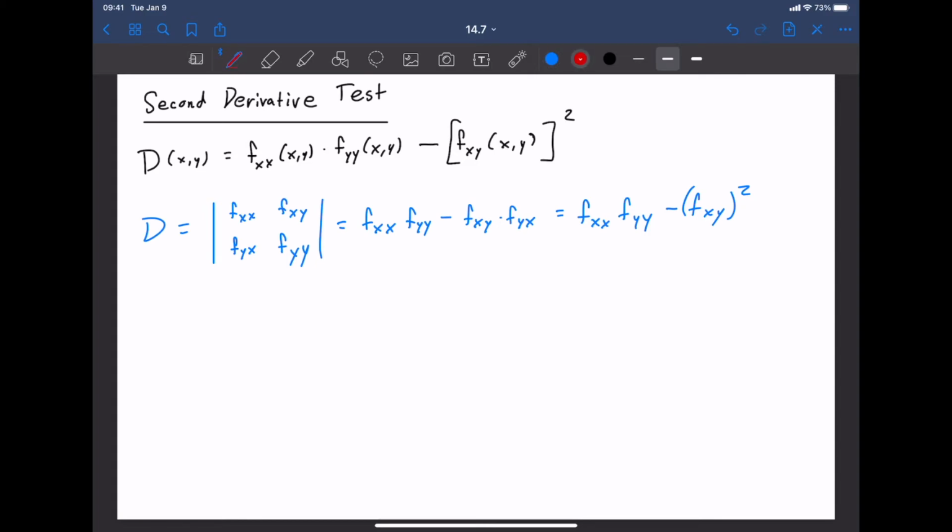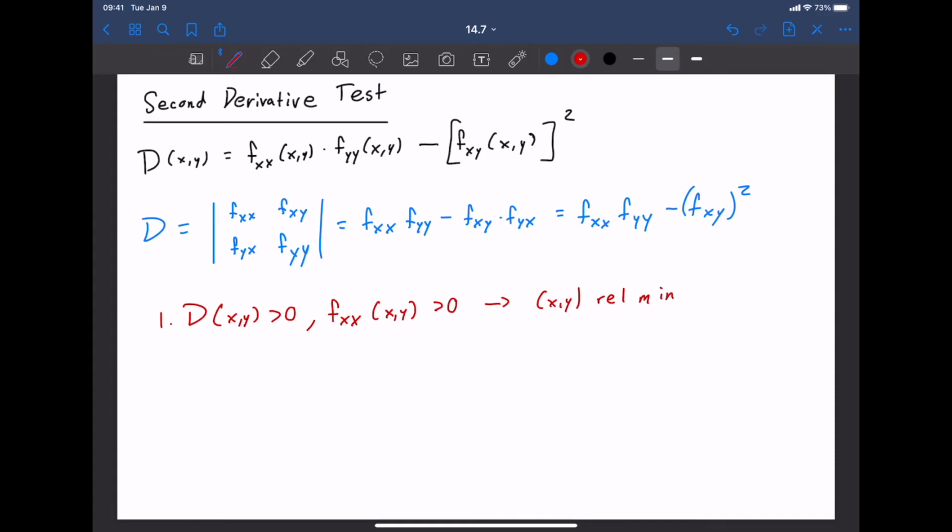So there's 3 parts to the test. 1, if the value of this matrix, the Hessian, is greater than 0, and the second derivative with respect to x, you could check y, happens to be positive, then we have a relative min.